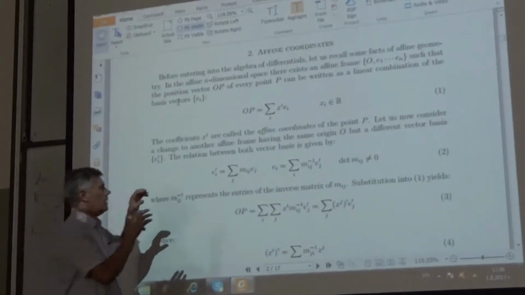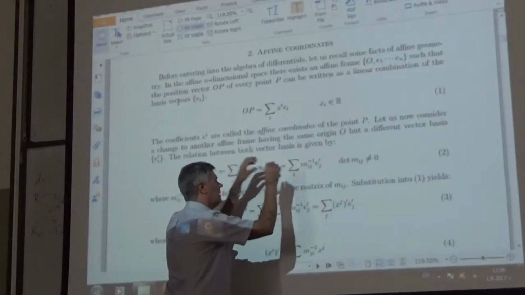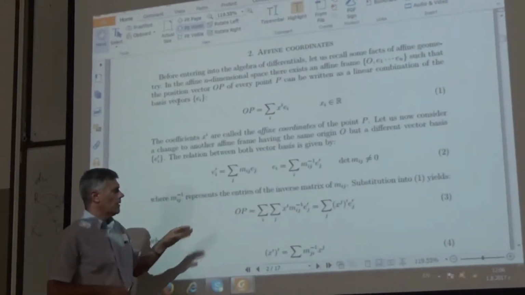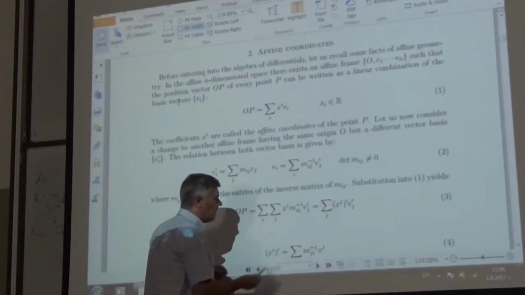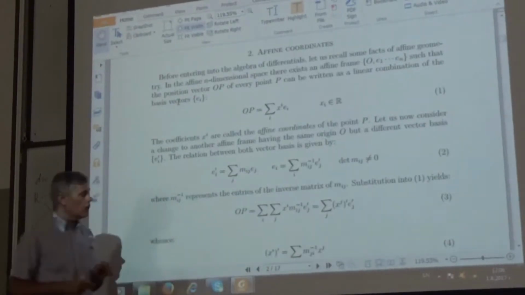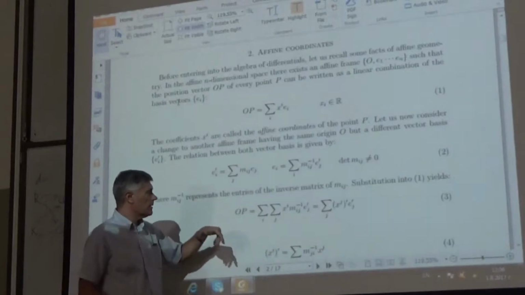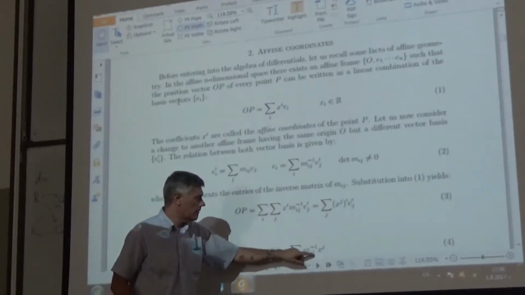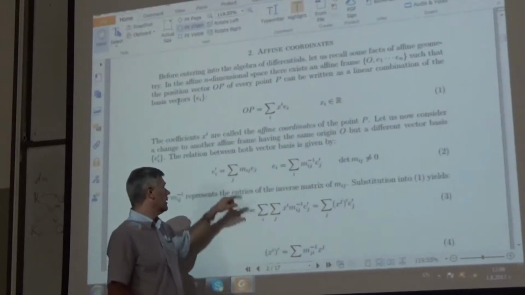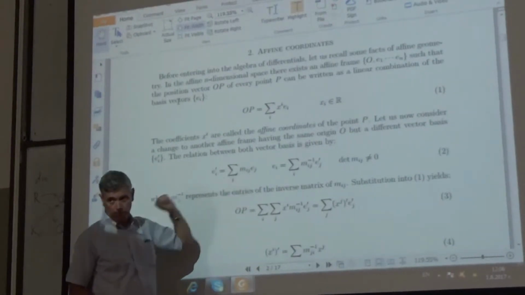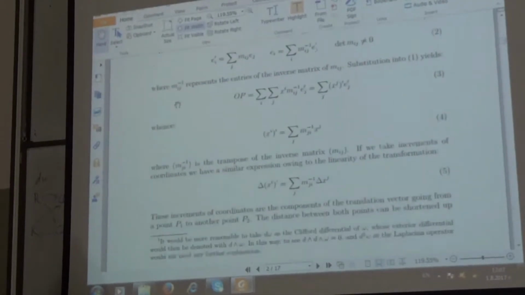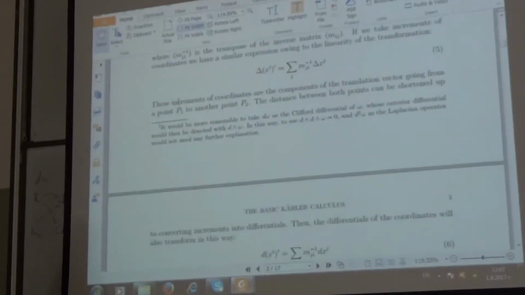So if we take this equality and put this other equality, we have this expression, and from here we deduce how the coordinates are transformed under this transformation. The coordinates are transformed with the entries of the inverse matrix, not with the matrix of the transformation of the vectors. So if we take differences of coordinates, the transformation is the same.